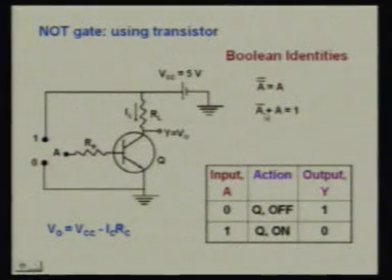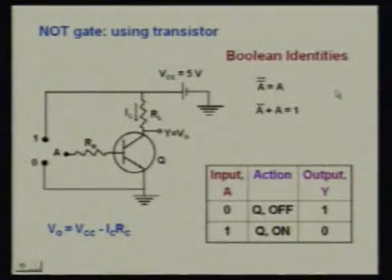Now A bar plus A is equal to 1, because A can assume either the 0 state or the 1 state. This plus is the OR operation. If we assume A as 1, then A bar will be 0, so 0 plus 1 will be 1. Or if we take A as 0, then A bar will be 1, so 1 plus 0 is equal to 1.